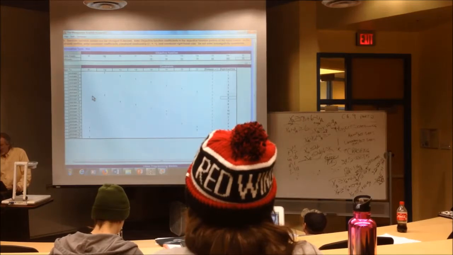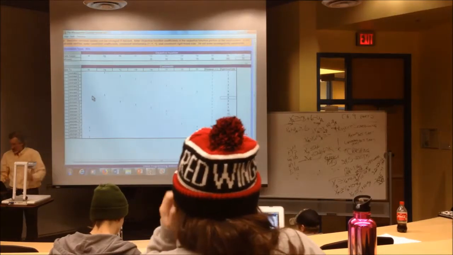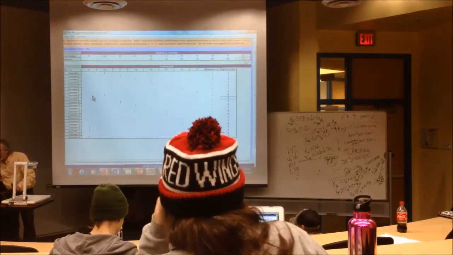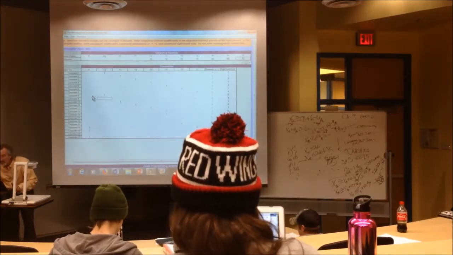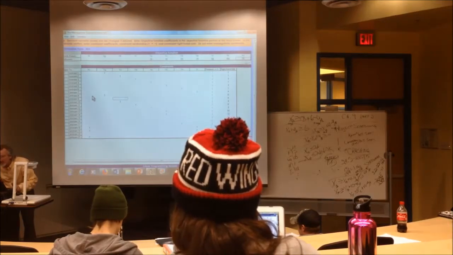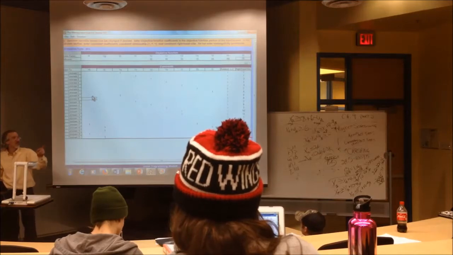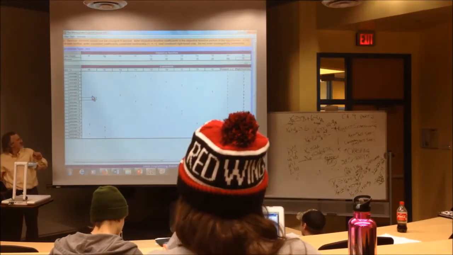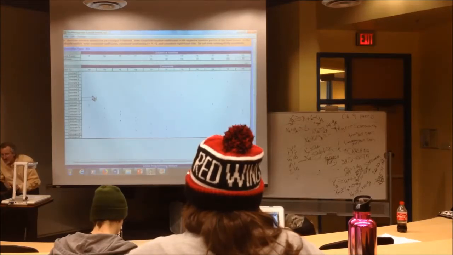Let's do B. B is almost just like it, except it had x sub A behind it. So there should be a negative 1 under x sub A for this one. This one's greater than or equal to 4. Where's x sub B?